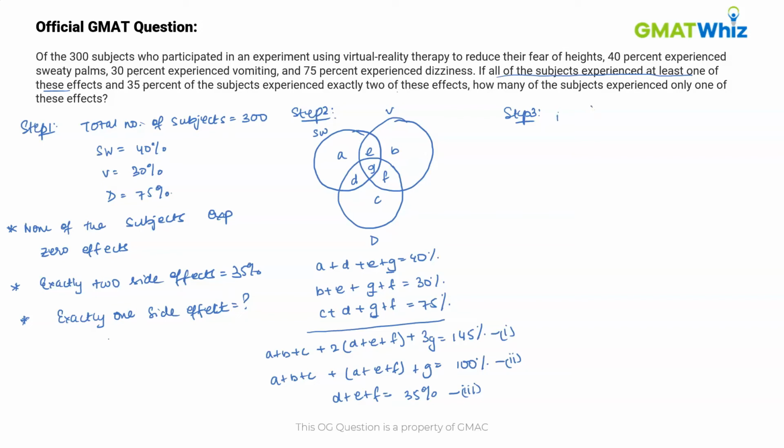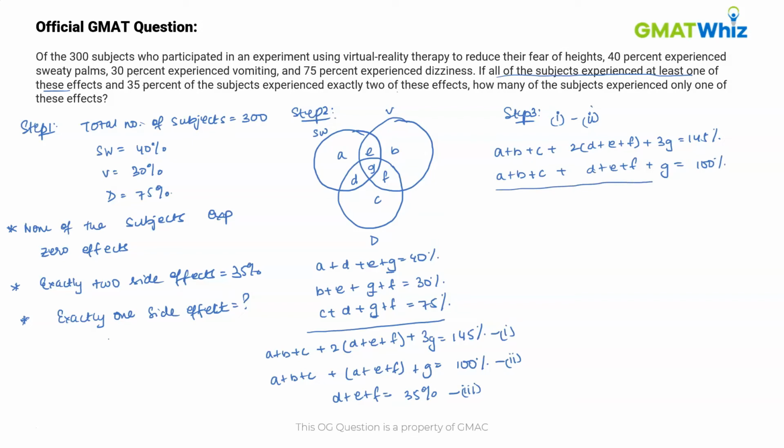If we subtract equation 2 from equation 1, what do we get? Equation 1 is A plus B plus C plus 2 times (D plus E plus F) plus 3G equals 145%, and the second equation is A plus B plus C plus D plus E plus F plus G equals 100%.